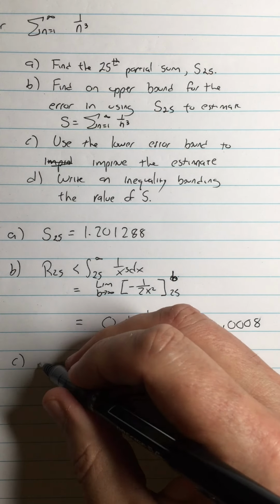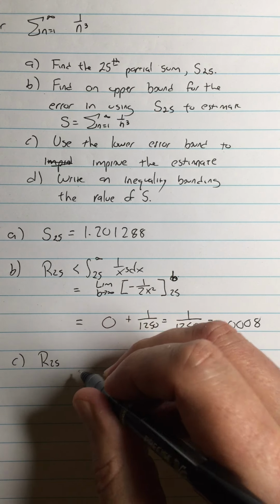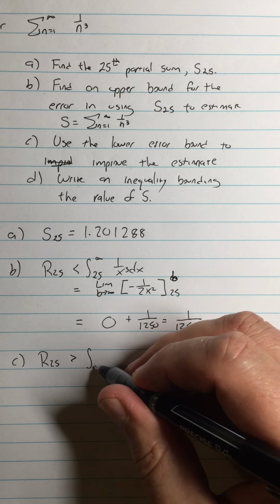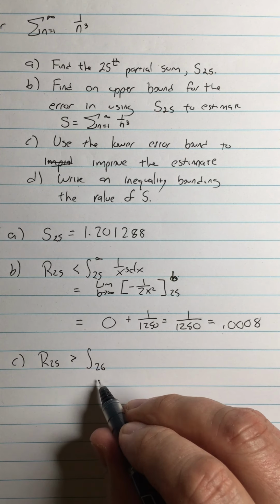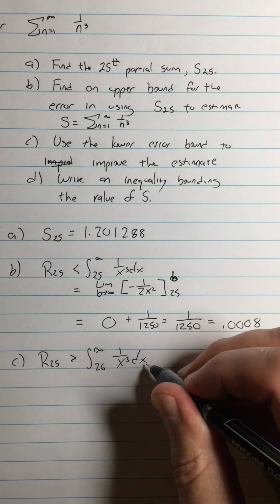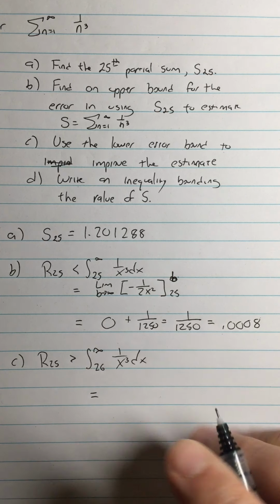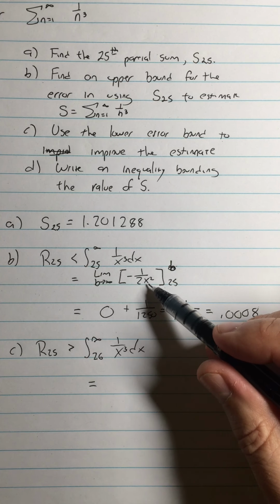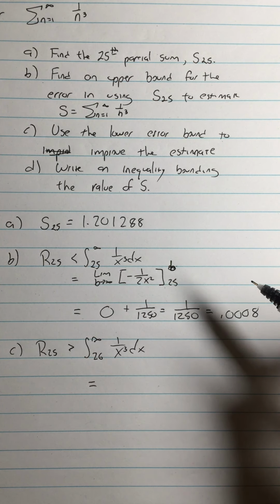We're going to say what r sub 25 is at the least, and it is at the least the integral from n plus 1, which is 26, to infinity of 1 over x cubed dx. Here's how else we can cheat on that integral. We already did the integral from 25, so instead of 25 squared, we're going to have 26 squared.